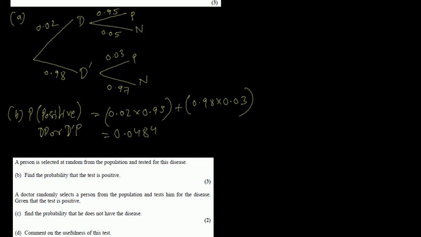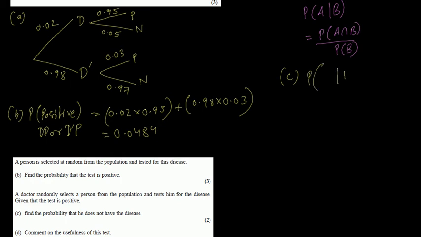A doctor randomly selects a person from the population and tests for the disease. Given that the test is positive, now remember the conditional probability formula. The conditional probability formula says the probability of A given B is the probability of A intersection B divided by the probability of B. So that's what we are going to use here. In question C, it is given that the person has a positive test result, so positive. So this is given. Now we have to find the probability that he does not have the disease in reality.